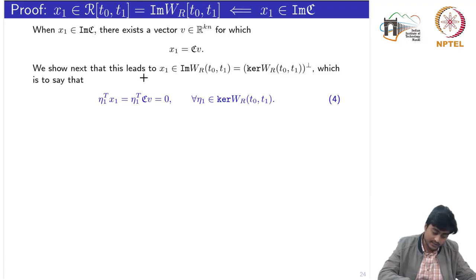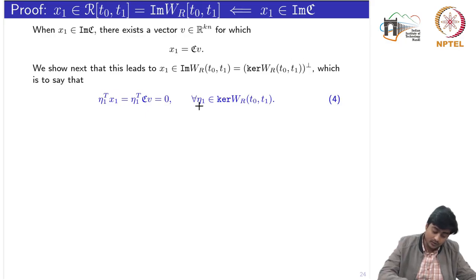Now we show next that this leads to x1 belonging to the image of WR, which is equivalent to saying that x1 belongs to the orthogonal complement of the kernel of the reachability Gramian matrix.